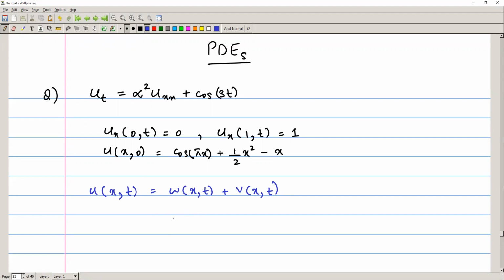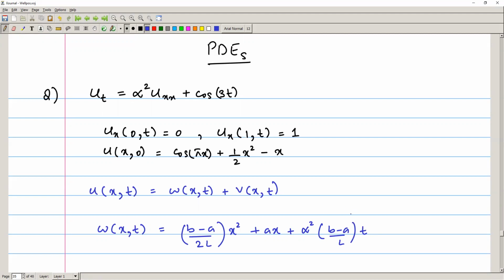And if you remember, w(x, t), in the case of Neumann non-homogeneous boundary condition, is given by (b minus a) divided by 2L times x squared plus a x plus alpha squared (b minus a) over L times t.